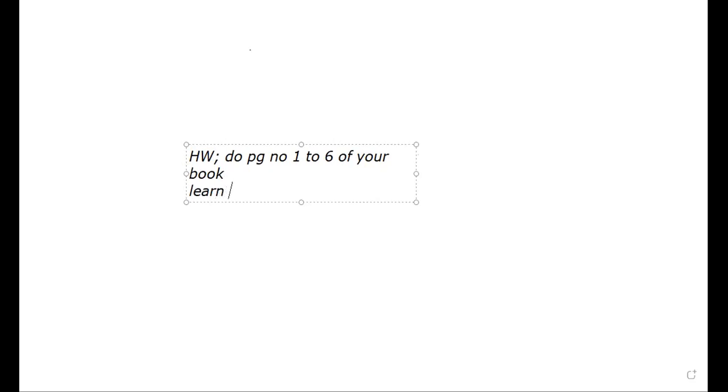Learn tables of 2 and 3. This is the homework of this week.